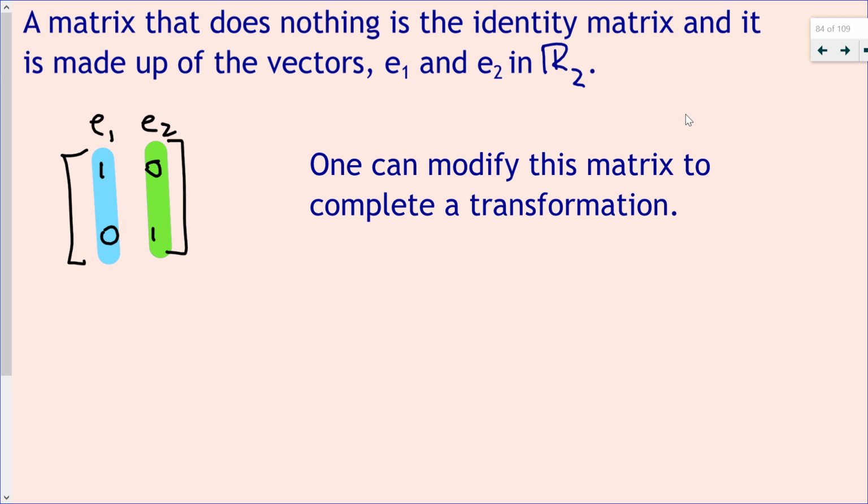Whatever you want to happen to the x, you modify e1. Whatever you want to happen to the y, you modify e2, because they represent movement in the x versus movement in the y. And so that's how you build a transformation matrix: starting with I in any dimension and then modifying e1, e2, and e3, e4, depending on how many dimensions you're in.